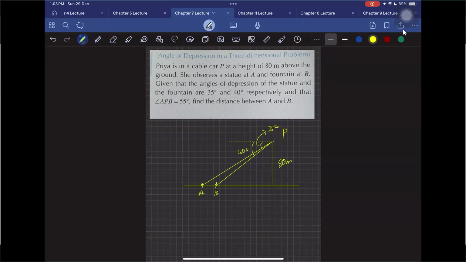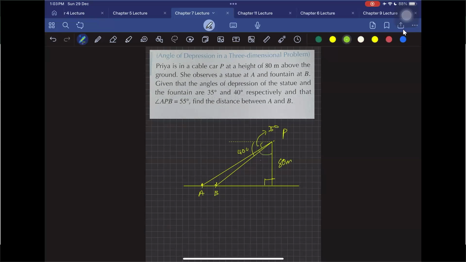So once you have this, again, this is a right angle triangle. You're also given that APB is 55 degrees. So you're given that this is 55 degrees.